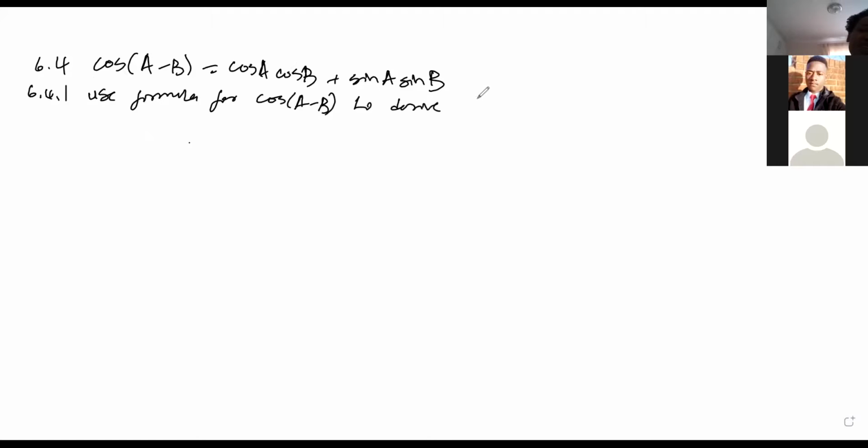So they want us to use this to derive that formula.